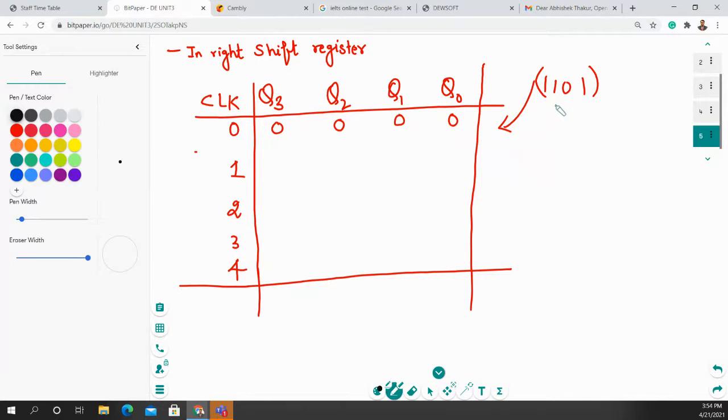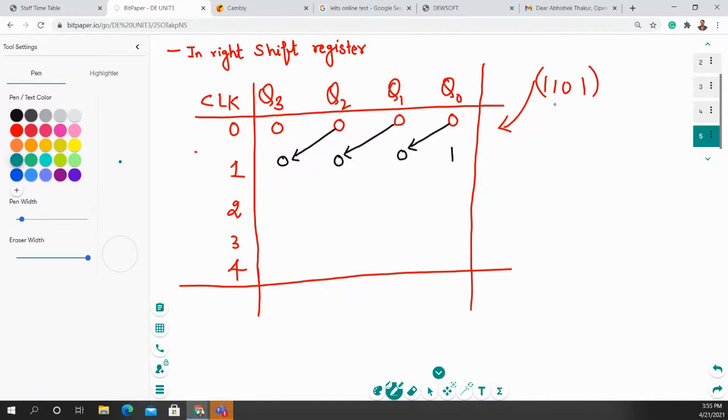I have explained the right shift. Now you have to complete the left shift. The input to this is 0001, because this 0 is shifting toward the right hand side, and this 1 is placed right here.